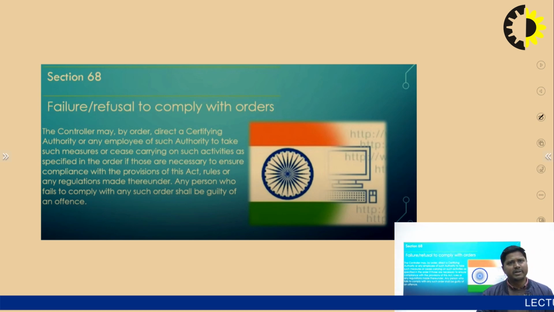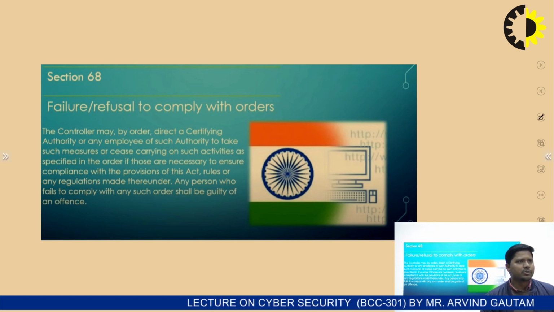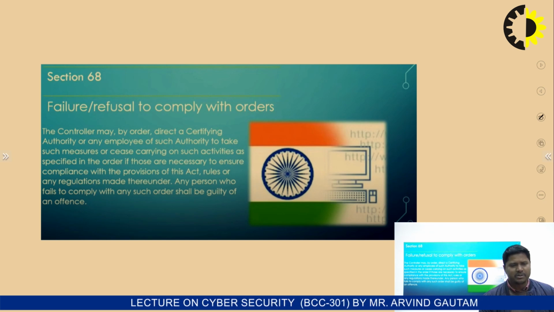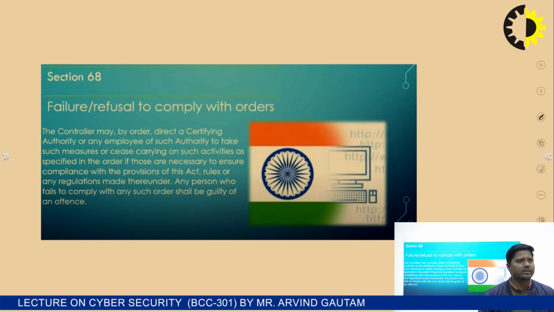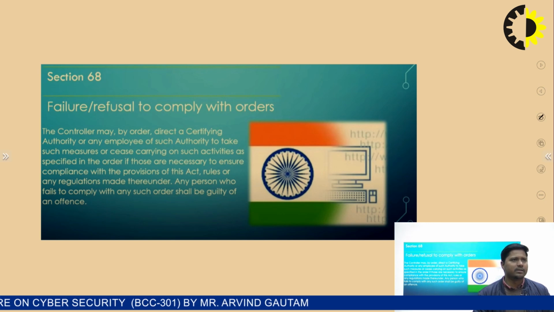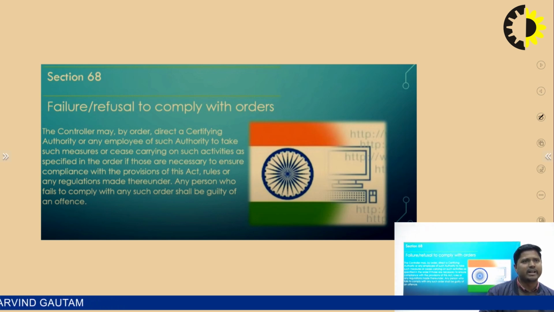In this, if I commit that I will complete this order, I will complete this work in this particular time period, and if I can't do this work, then that person can appeal against you, that you have not done their work in the given time period.